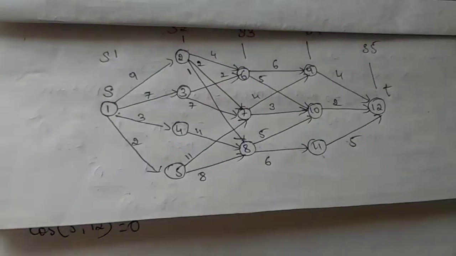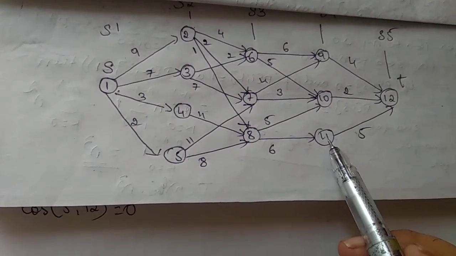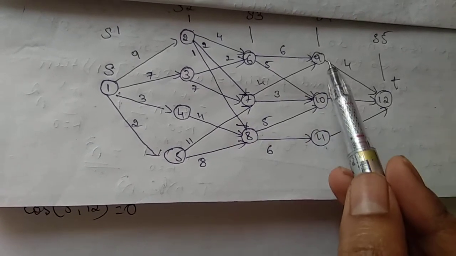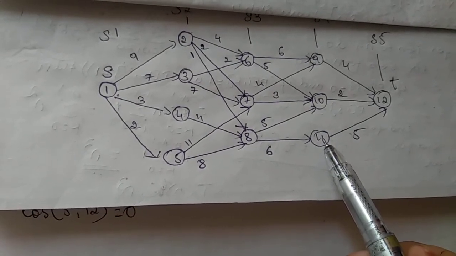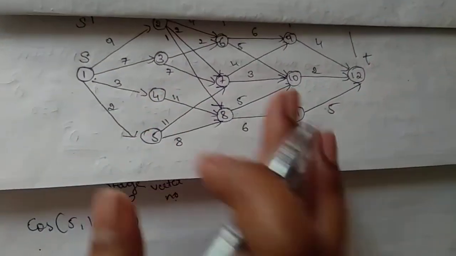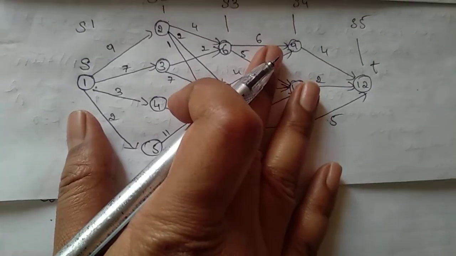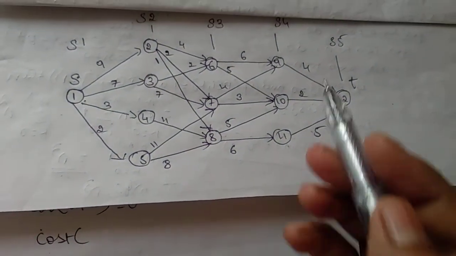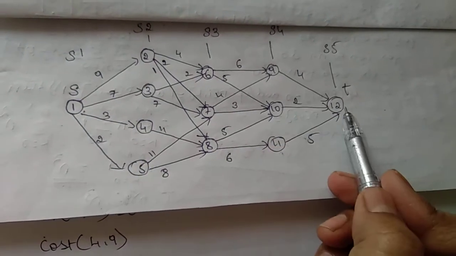Next, after 12, what do we have? 9, 10 and then 11. I have to find out the cost for these 9, 10 and 11. How will you find it out? See here. Cost of i, stage 4, vertex 9.